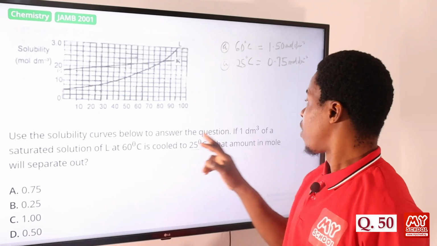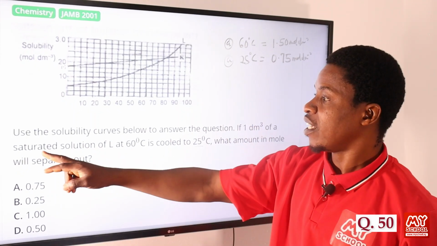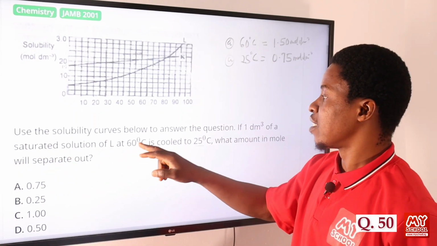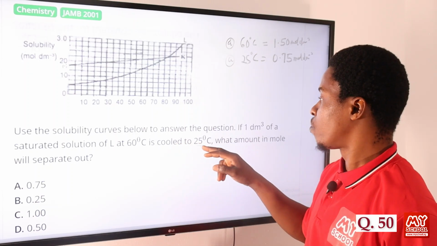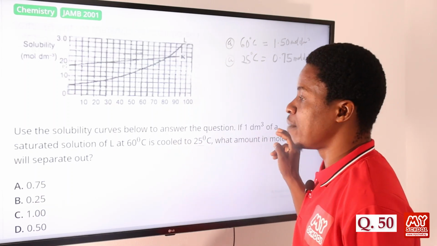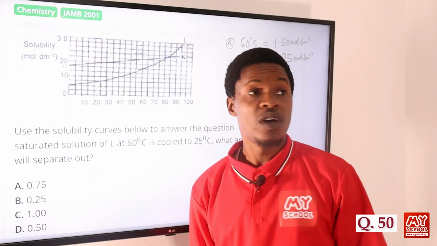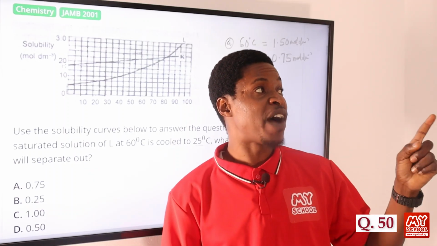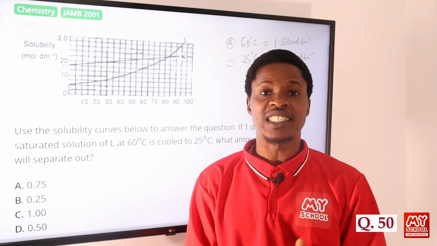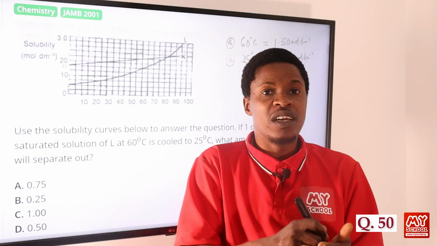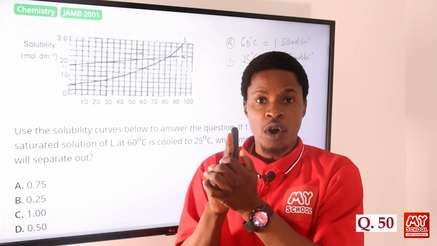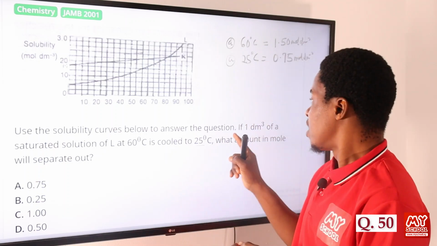So use the solubility curve to answer: if 1 dm cube of a saturated solution of L at 60 degrees is cooled to 25 degrees Celsius, what amount in mole will separate out? So we had 0.75 mole per dm cube. It means that 0.75 mole will be separated in 1 dm cube, because they said in 1 dm cube.